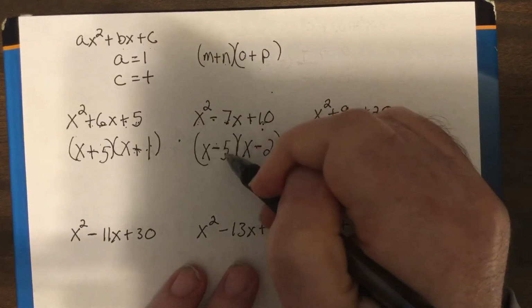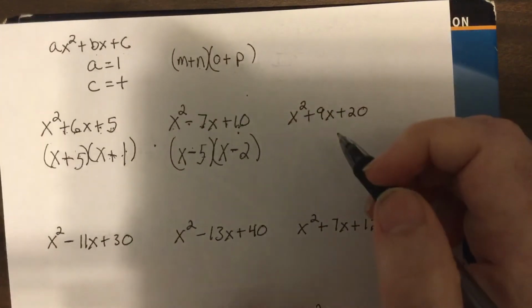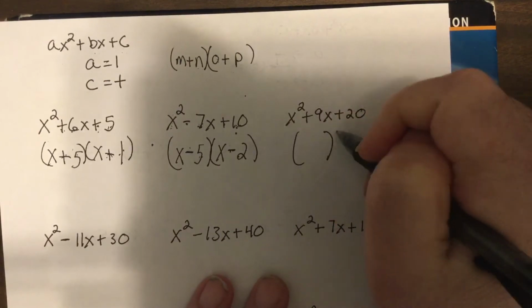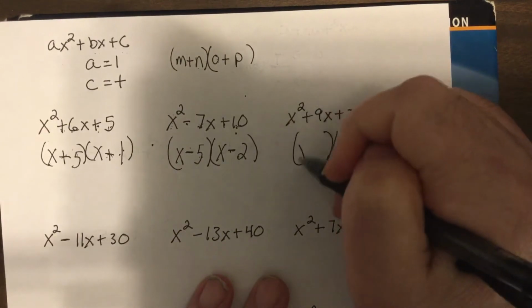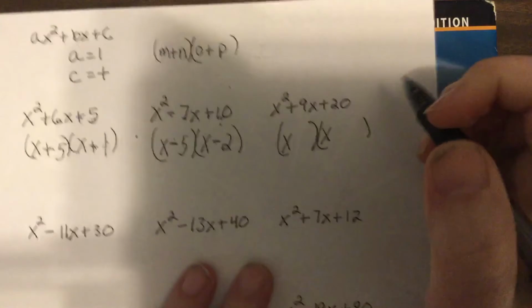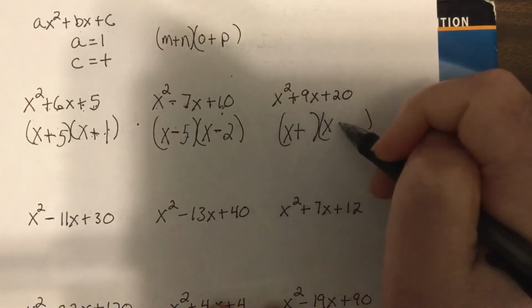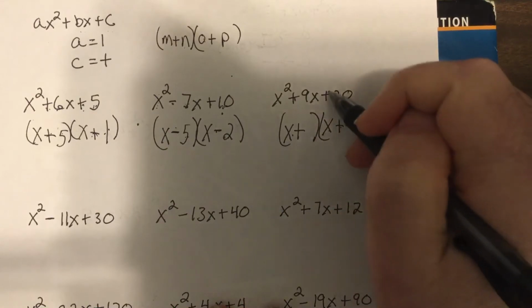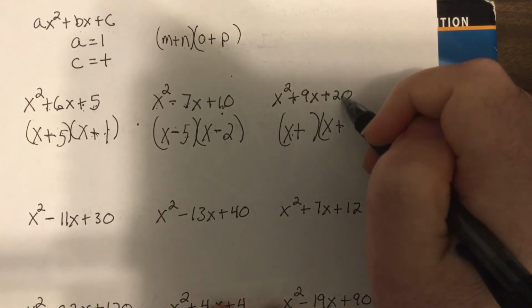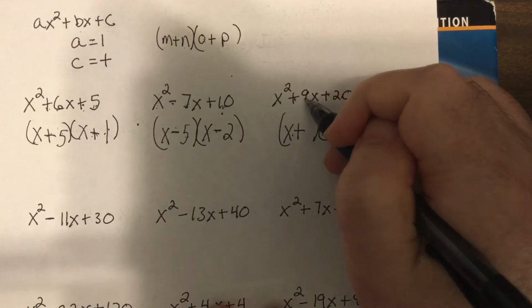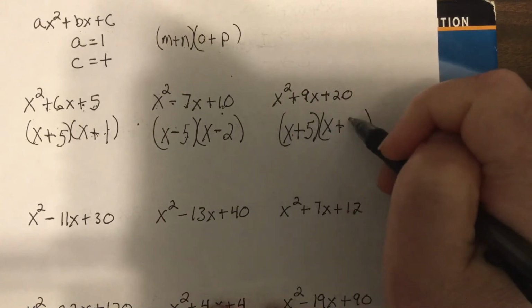And since the signs are the same, it doesn't matter where you put the 5 and the 2. So, x squared, easy peasy, x and x. Last term's plus, so both signs are the same as the middle, plus and plus, because a positive times a positive is positive. And what do you multiply to get 20, but you add to get 9? That's 5 and 4.